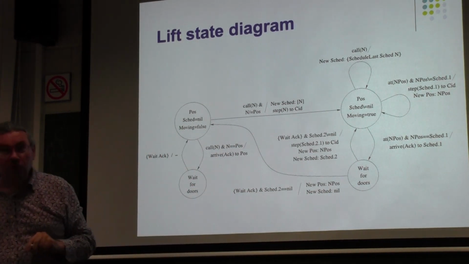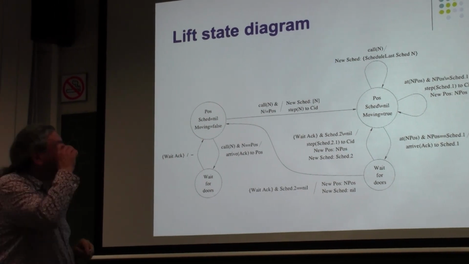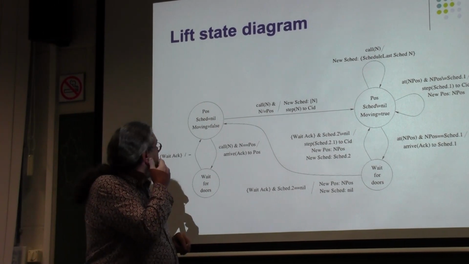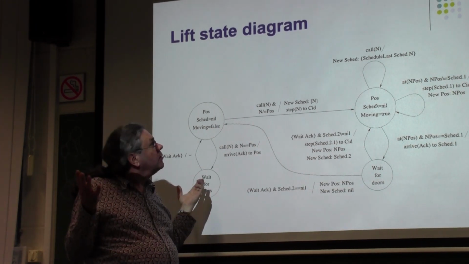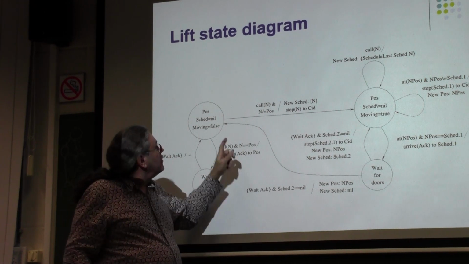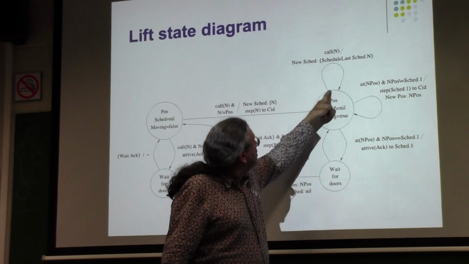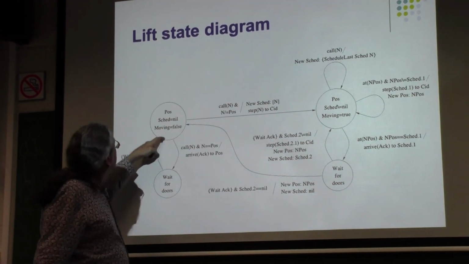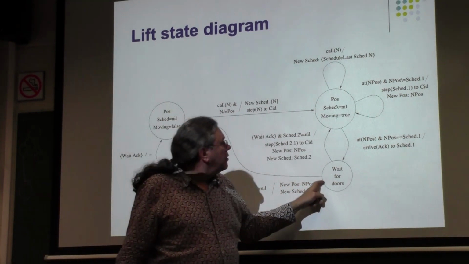But actually much more can happen, unfortunately. Okay? So I can get many call N messages anywhere. Now, to simplify a little bit, I will only accept the call N messages in the two main states here. Okay? Not when I'm waiting for the doors.